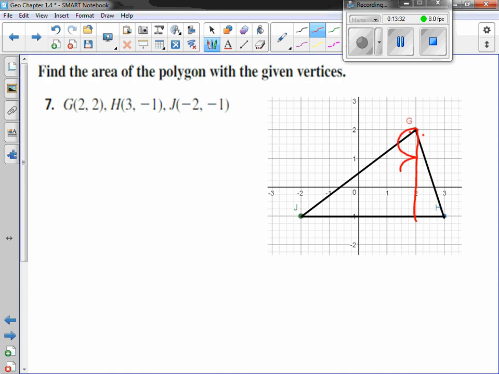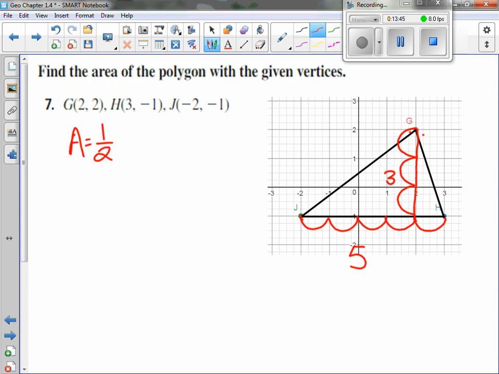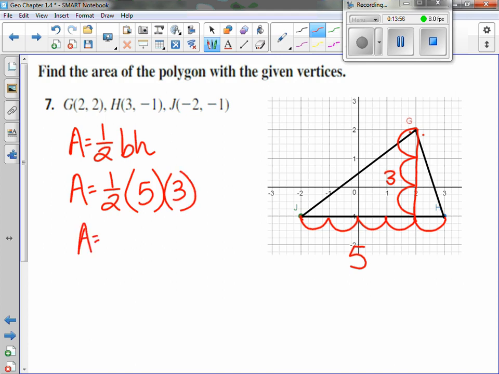So our base is 5 and the height is 3. So this time I'm going to do 5 times 3 first. What is 5 times 3? 1/2 times 15.